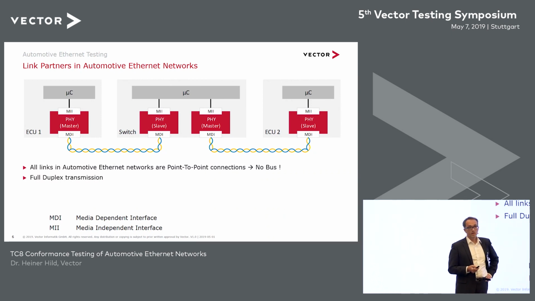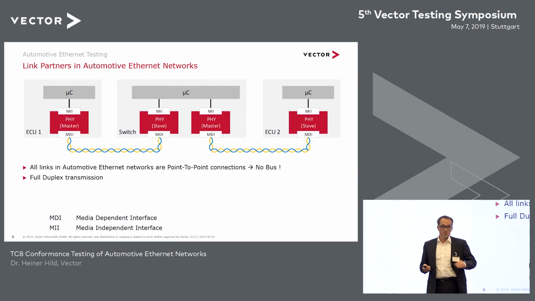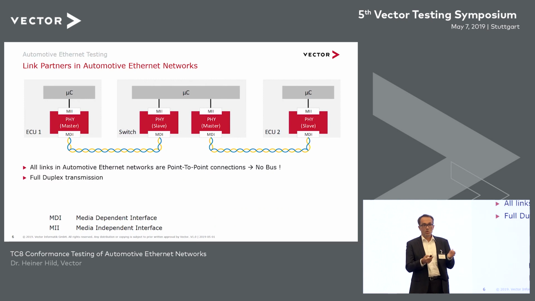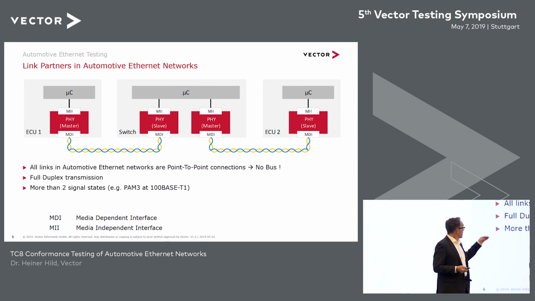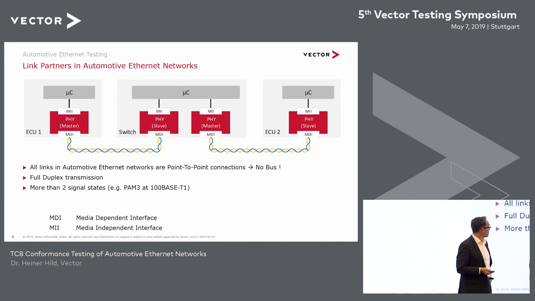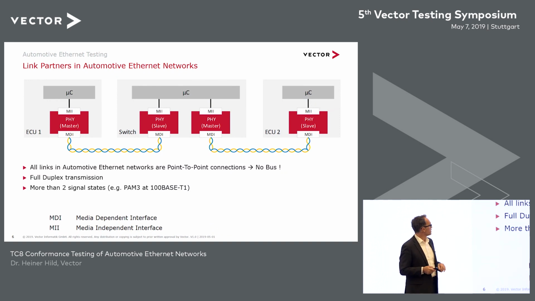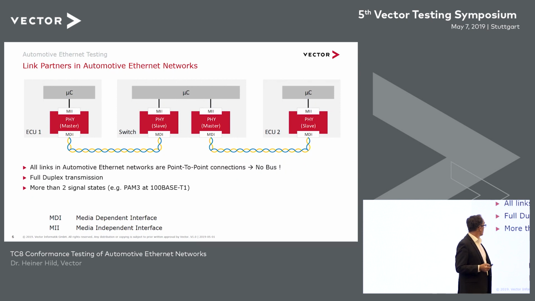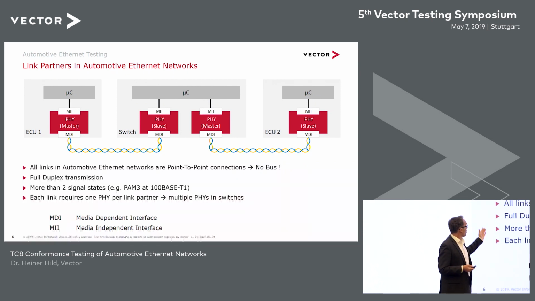Then as a rule for Automotive Ethernet we've got full duplex data transmission. So a mere direct line couldn't assign where the packet comes from, the left or the right, because frequently we've got more than two signal states. At 100BASE-T1, for example, there is a three-stage signal, and so much technology exchange that doesn't allow to identify where the packet comes from.